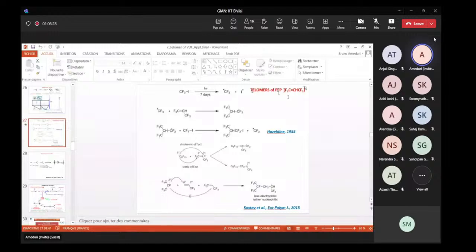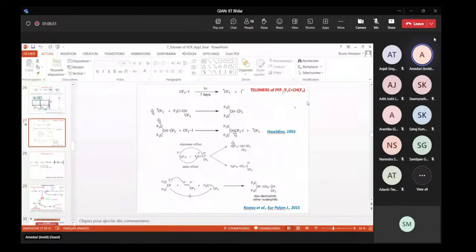So Hazeldine did some work many years ago and showed that by UV, at 7 days, it was possible to release some CF3 radical reacting onto this adduct, and then the transfer led to this monoadduct. So it's a very highly fluorinated compound.